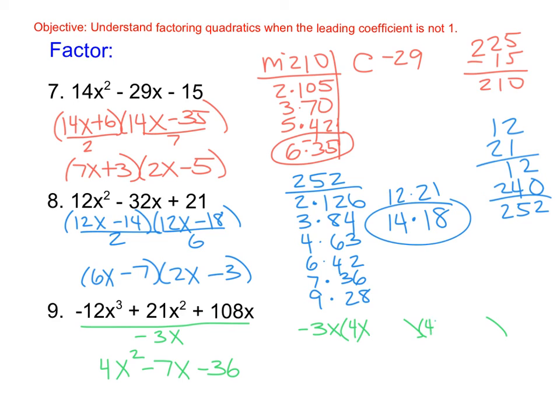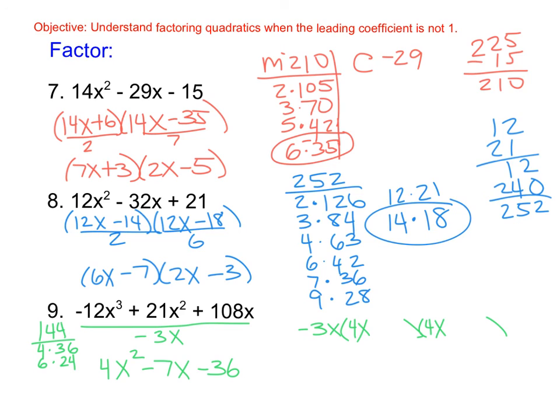All right, I grabbed my calculator to make my life easier. 36 times 4 is 144. Okay, so we need 144. All right, so there's 7 apart. Let's see, 12, that's 12 squared. 4 times 36, I should have known that. 6 times 24.